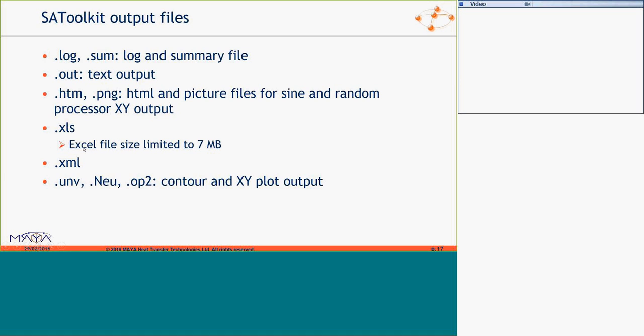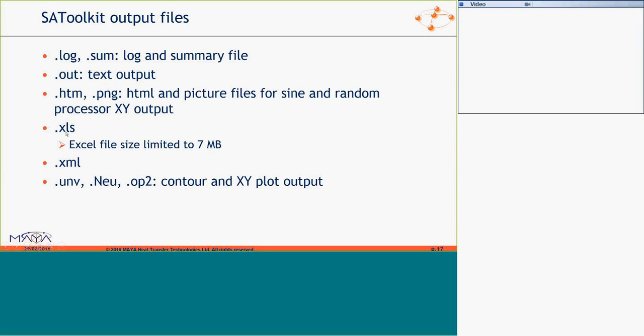We create Excel files, and when we created the toolkit, we created it for both Linux and Windows, so you create Excel files even if you're running on Linux. But because of the libraries we use, we can't get any files bigger than 7 megabytes, which is pretty limited. So to dump all your data to an Excel file, you probably want to dump group data or summary data.